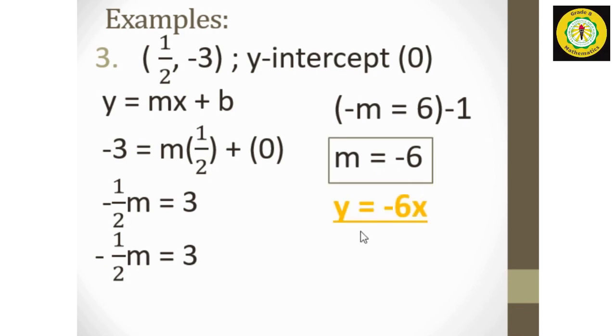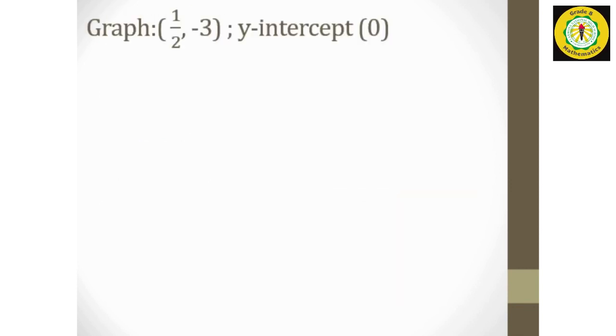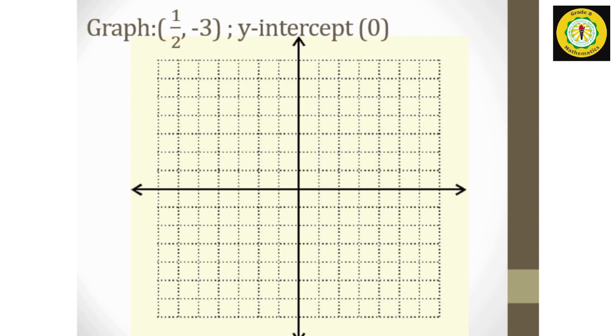So for our equation, y equals negative 6x. So we won't put any b since our b or the y-intercept is 0. So for the graph, point 1/2 and negative 3 is here, and then the y-intercept which is 0 is here, and then graph.